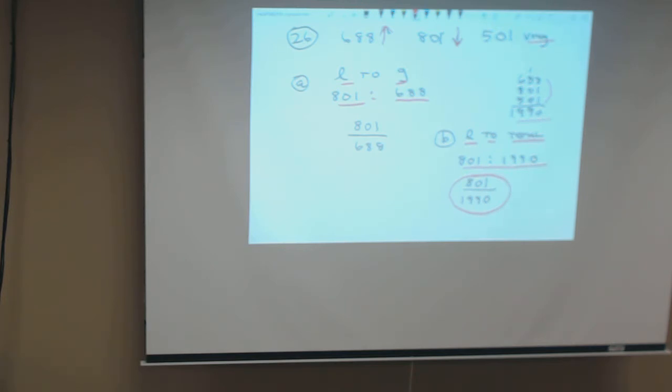Can I reduce that down? It looks like I can. 8 plus 1 is 9, so I can divide by 3. So that would be 267 over, I can't divide that by 3, so 3 times 267 over, what can I do with 10 times 9, 199.